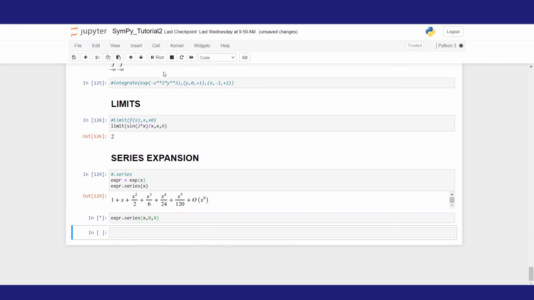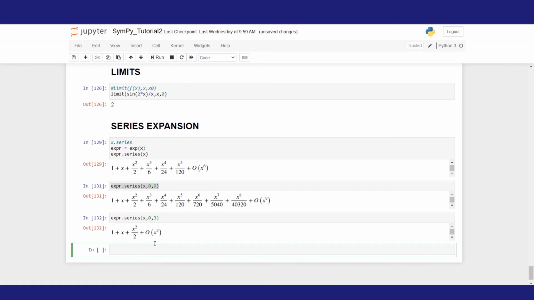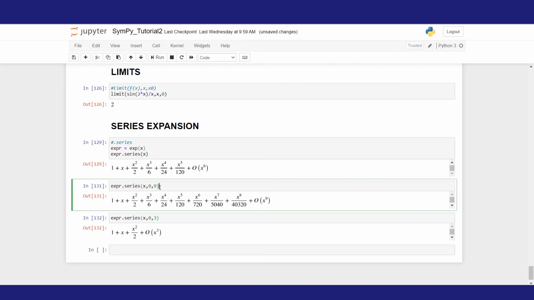If I run that, this gives me terms from 1 up to the order of 9. The same expression can be expanded to the order of 3 by changing the number to 3, so that you expand it up to order 3 as the highest. That is how you can play with the expansion.